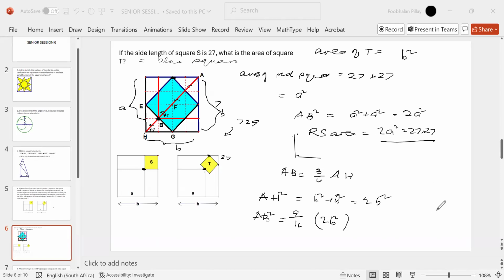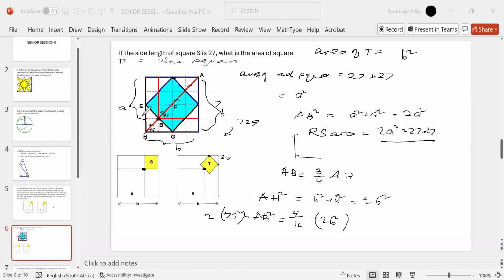Okay? But AB squared is this. We just saw it's equal to 27. Well, AB squared is already, no, that's 27 squared. Oh, it's 2 times 27 squared. All right? AB squared is 2A squared.